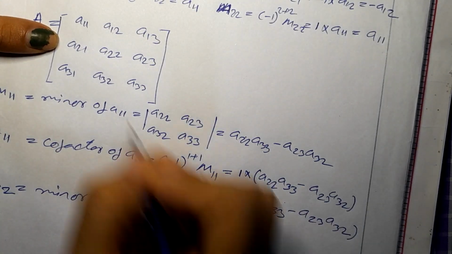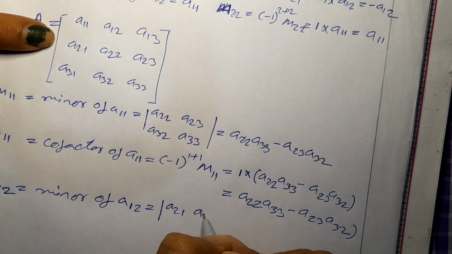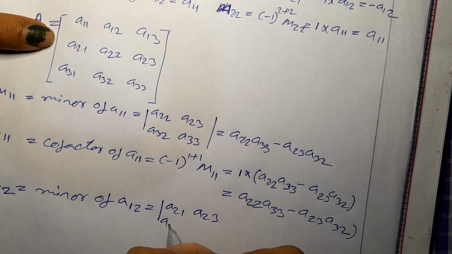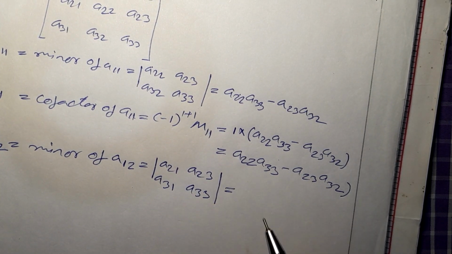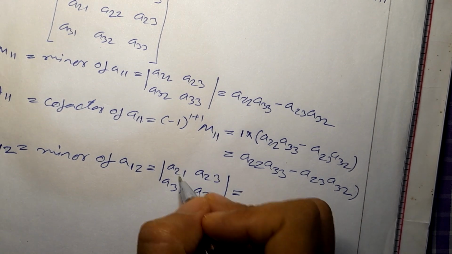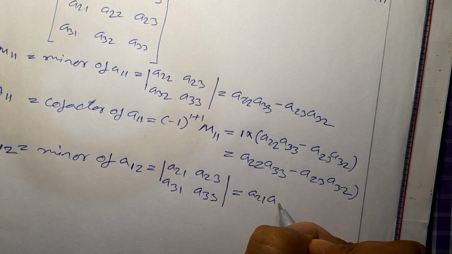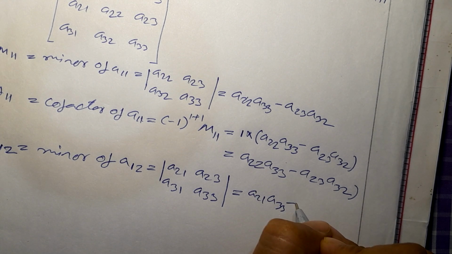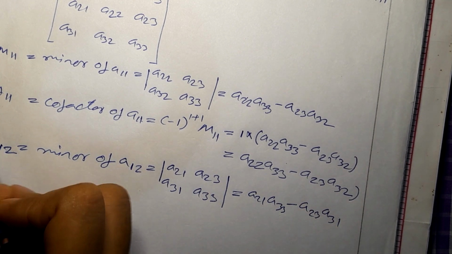Write the remaining: a21, a23, a31, a33. Now it became a 2 cross 2, so find its determinant. Diagonal minus the other diagonal: a21 a33 minus a23 a31. This is the minor.